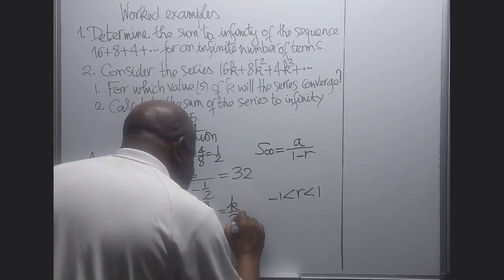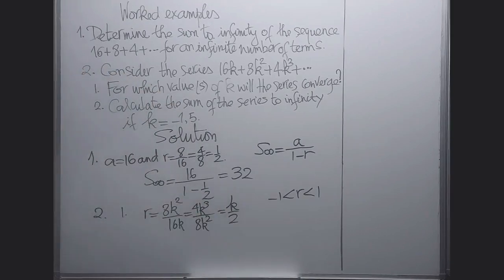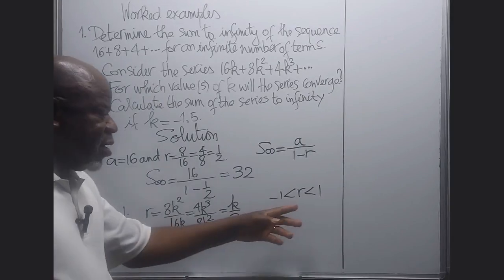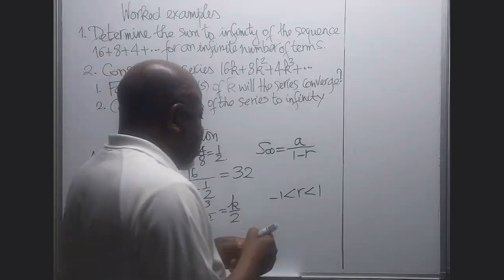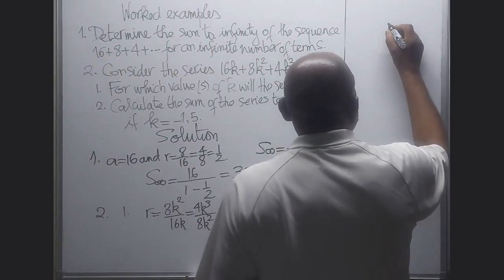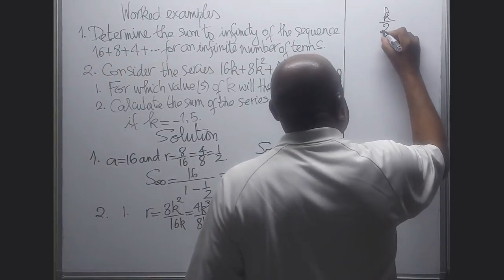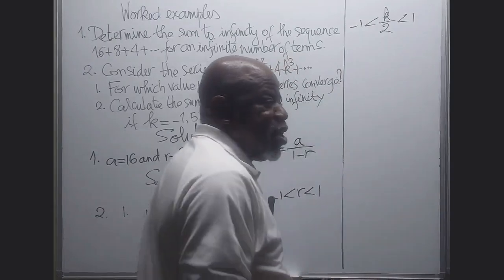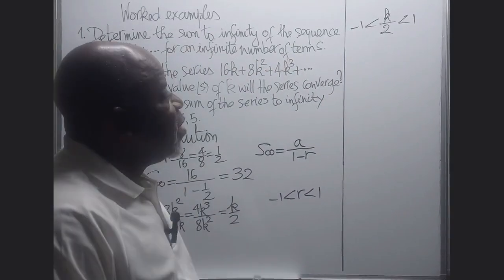So our common ratio is k over 2. And then we're going to apply this condition. So we have k over 2 will be between negative 1 and 1.